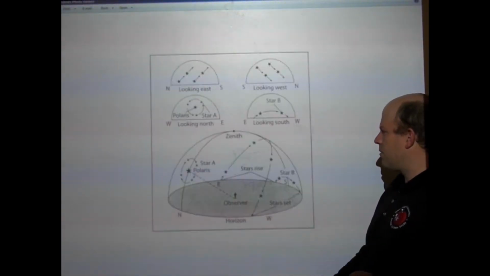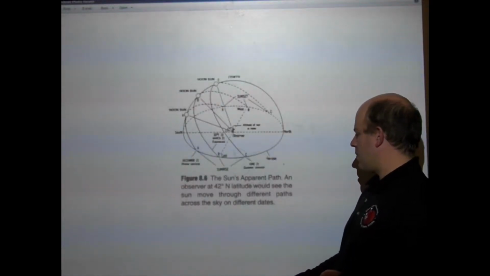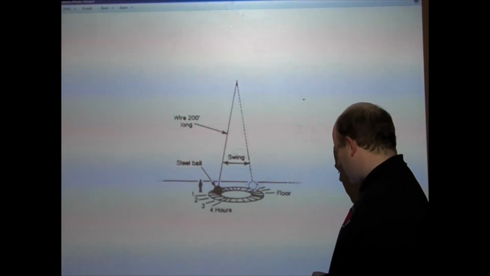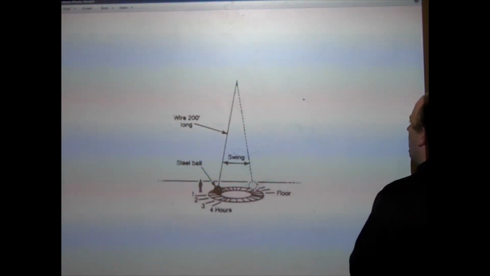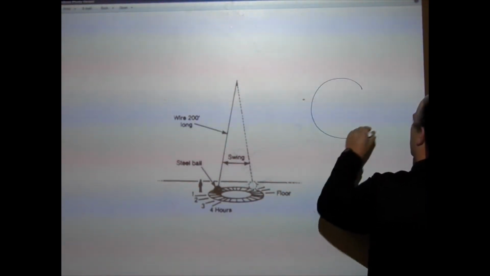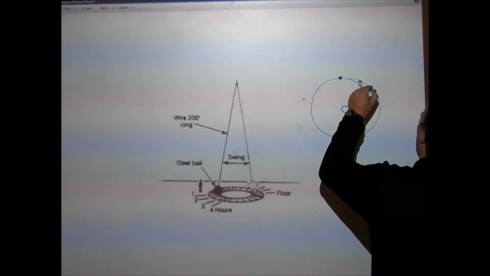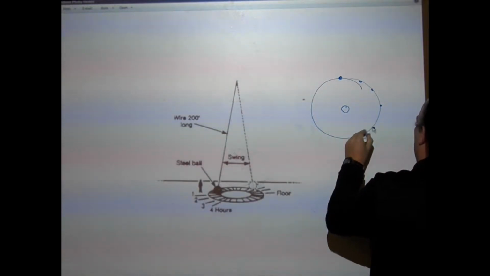Already did that one. Talked about dome. So here's another picture of the pendulum. I had to imagine, if I had a giant circle here, and here's the pendulum swinging, and I have pins around, like hours on a clock.